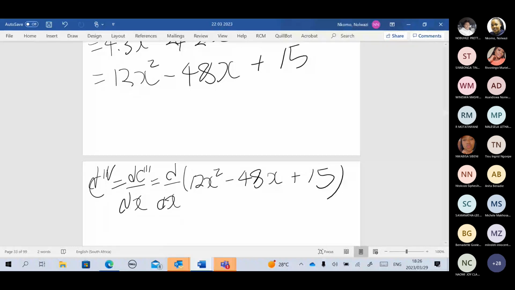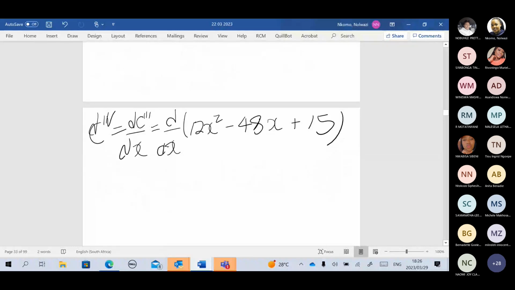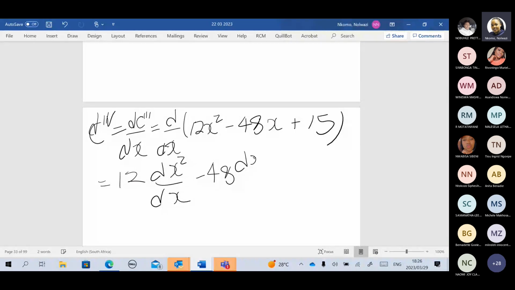Okay, you can still separate this and write it as the derivative of x squared with respect to x, minus 48, the derivative of x with respect to x, plus 15, the derivative of 1 with respect to x.